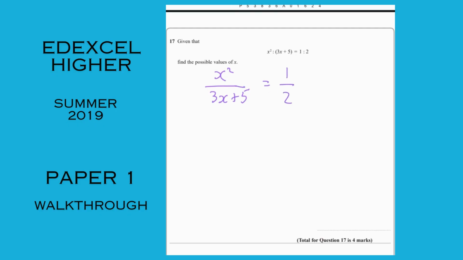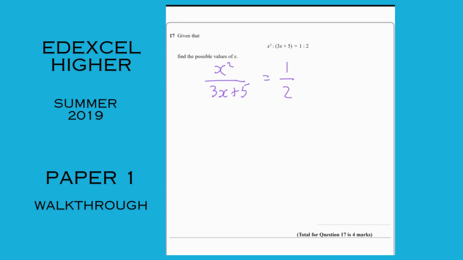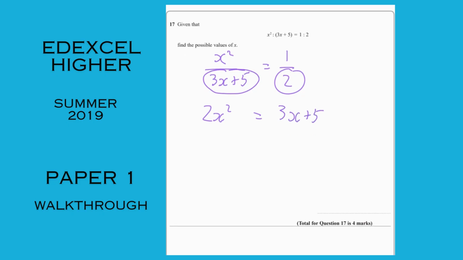And let's just times through both sides. Let's double both sides to get rid of that. Let's times both sides by 3x plus 5. 1 times 3x plus 5 is nice. Obviously, it's a quadratic. We want it equal to 0.